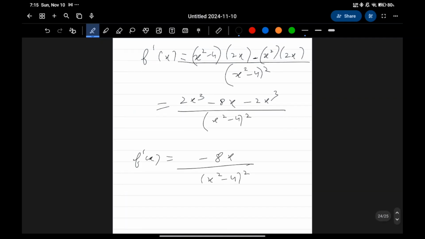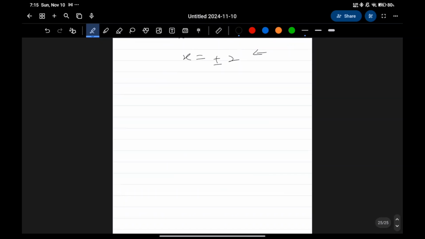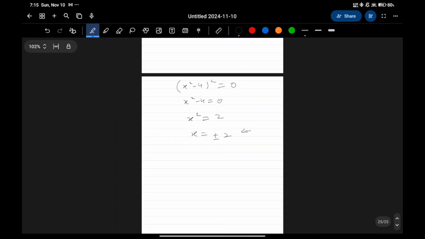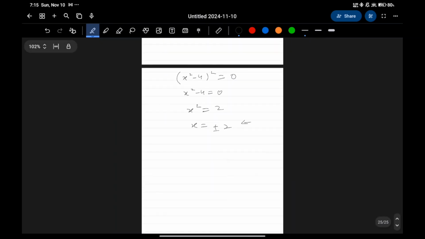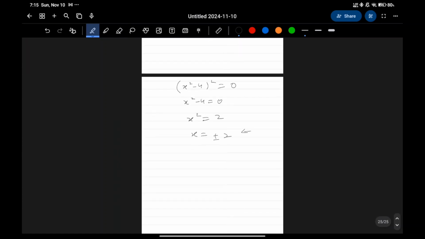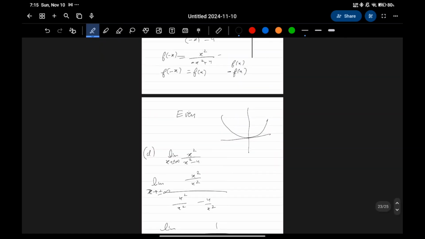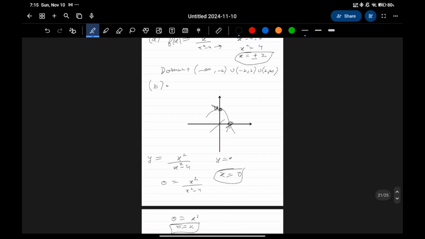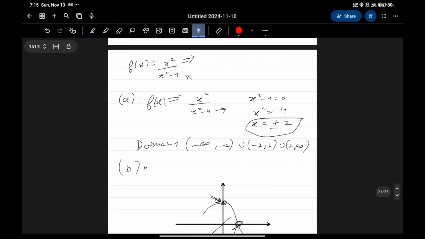Oh, actually, yeah, I remember it now. Okay, we'll talk about this later. And we had the top as negative 8x equals 0. So x equals 0. Now let's look at our equation. Do we have positive and negative 2 inside of our domain? We do not. So that's why they are not my critical numbers.